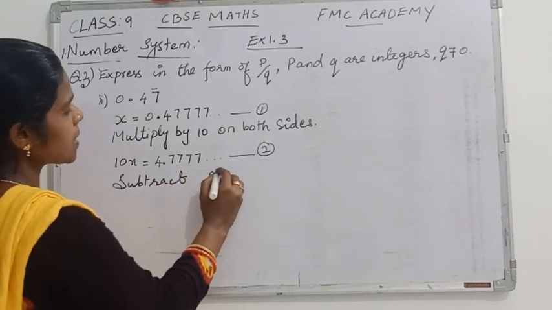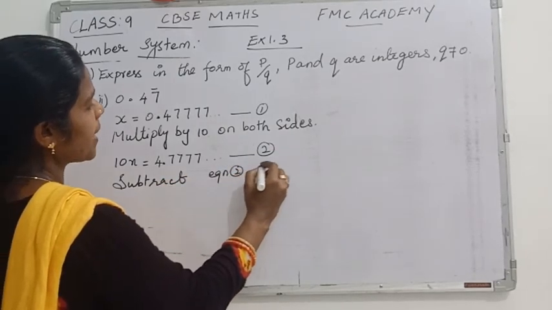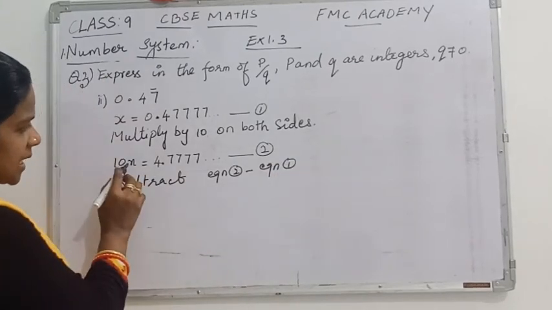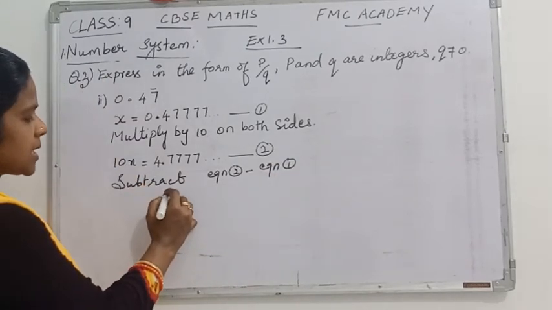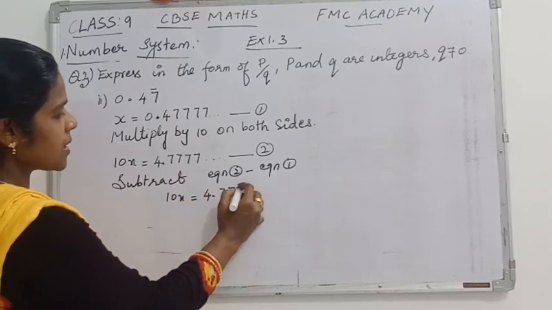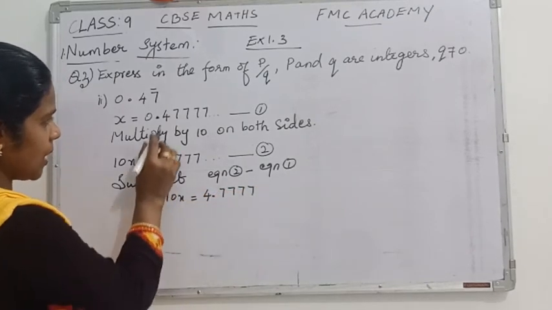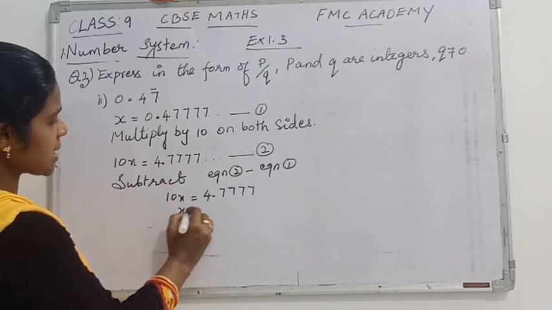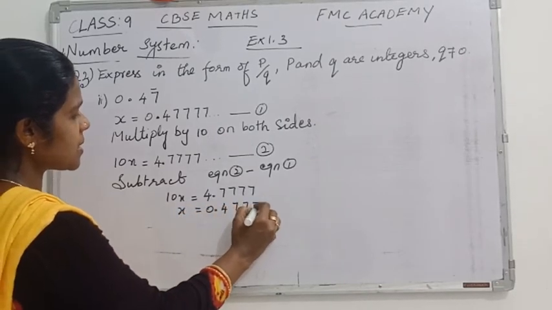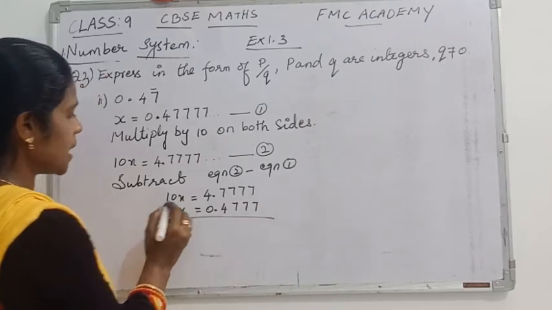Subtract equation 2 minus equation 1. So you write the second equation first, that is 10x is equal to 4.7777, and below you write equation number 1, x is equal to 0.4777. Just subtract it now.